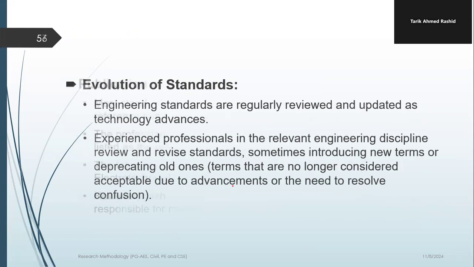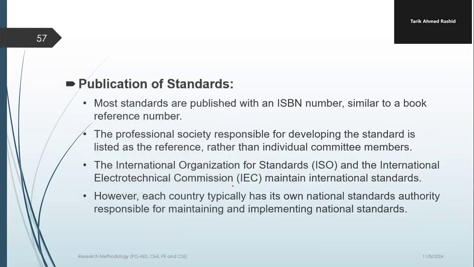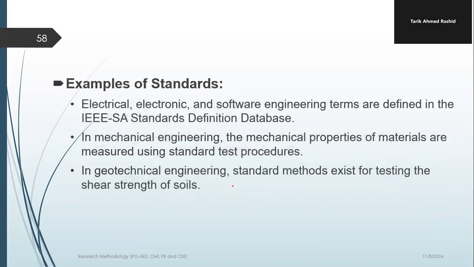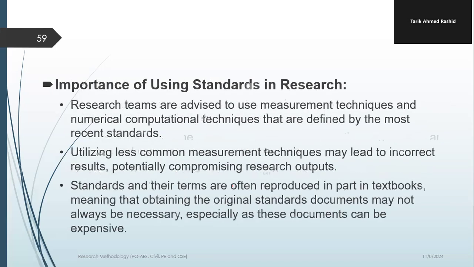A good example is the International Organization for Standardization, ISO, one example of standards, and most standards are published with an ISBN, International Standard Book Number. There's also the IEEE standards association. The importance of using the standard is also very good for engineers.